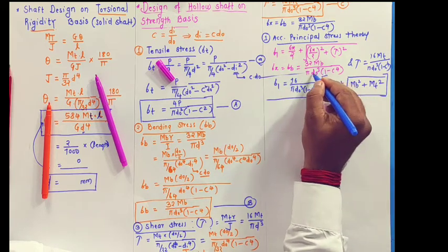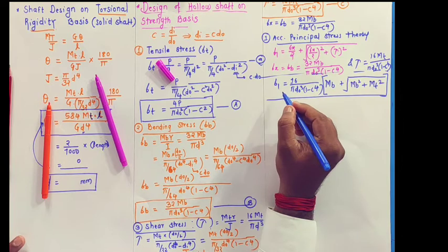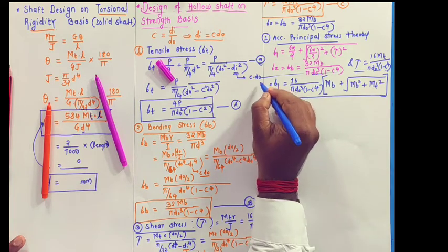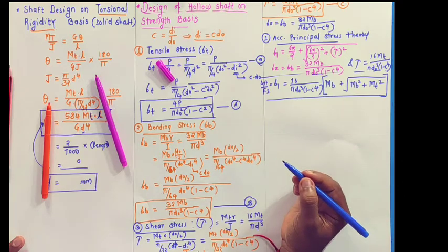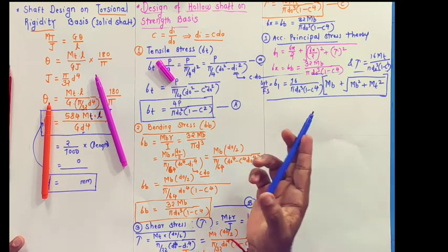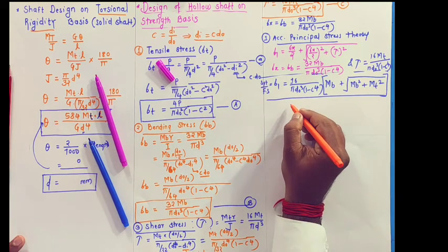So this will be the derivation we have got for sigma 1 by the principal stress theory, and that would be Syt by Fs for the hollow shaft that we have calculated, through which we need to find out the diameter. That would be the outer diameter.